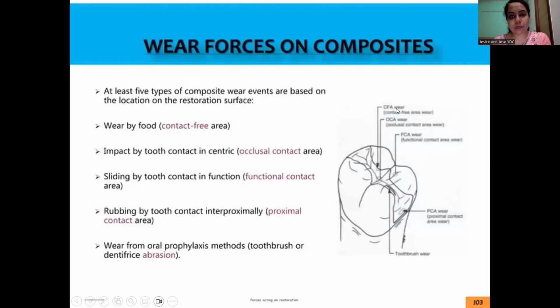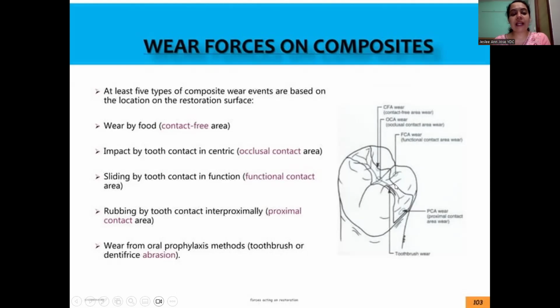Now coming to composites. In composites, there are various wear forces acting. So there are at least 5 types of composite wear events. It can be the contact-free area, that is the wear by the food we intake, okay, that is called a contact free area.